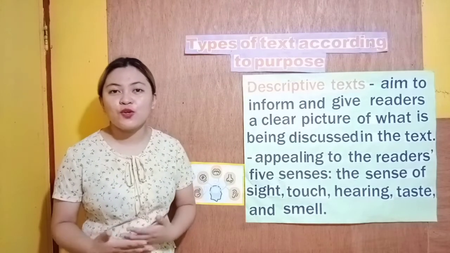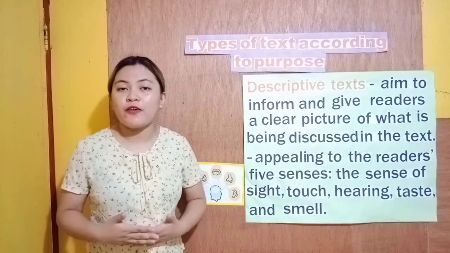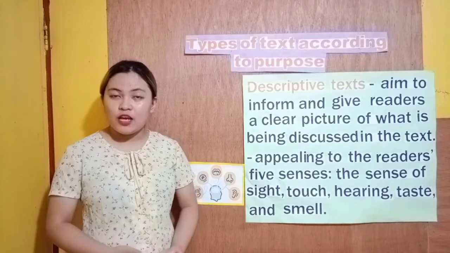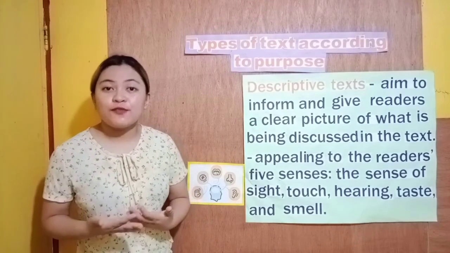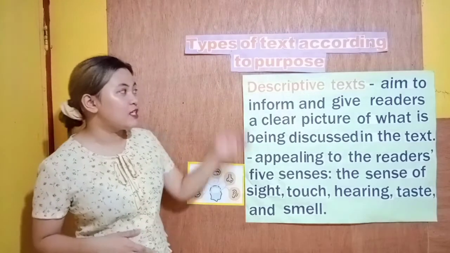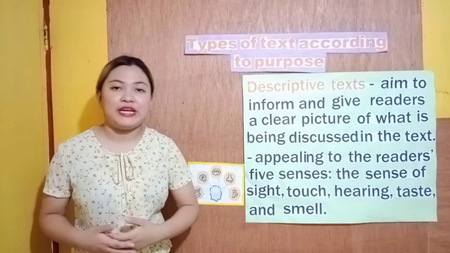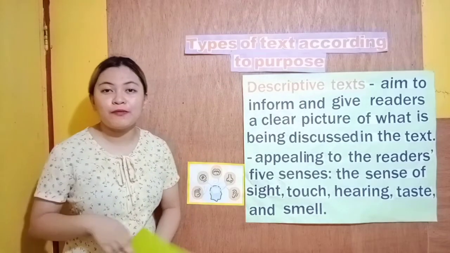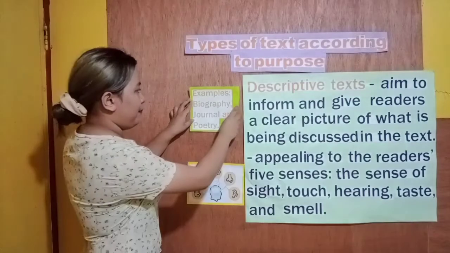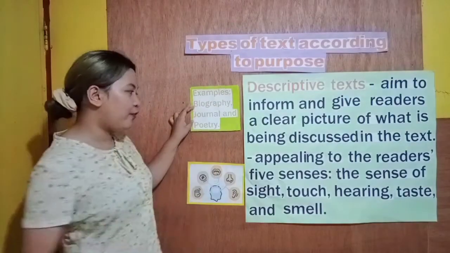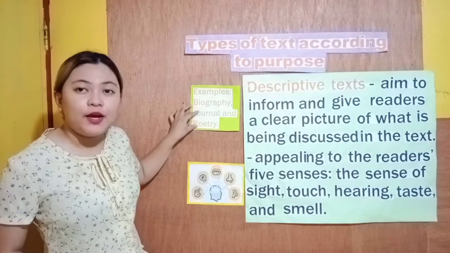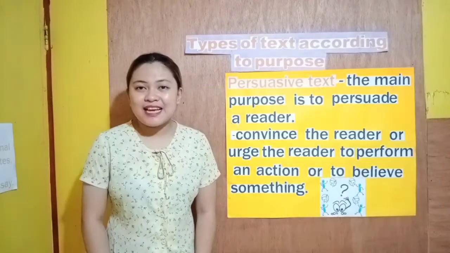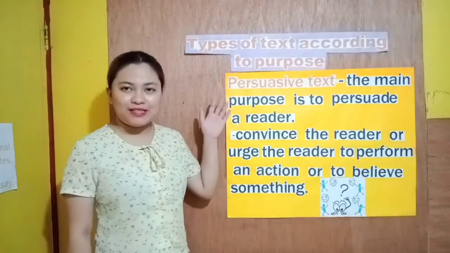Rather, the author also wants to describe something from his own experience, with a careful choice of words that makes the descriptive text seem real. Some examples of descriptive text are biography, journal, and poetry.